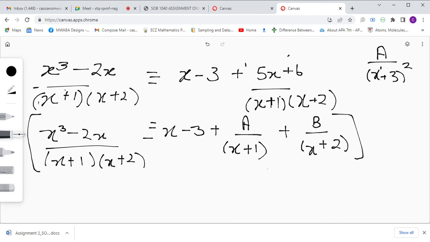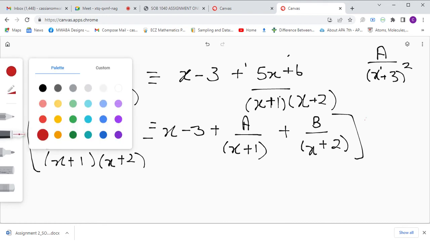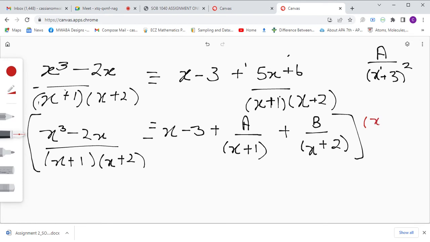So you're just going to put brackets here. Our common denominator is x plus 1 times x plus 2. So I'm going to put it here.